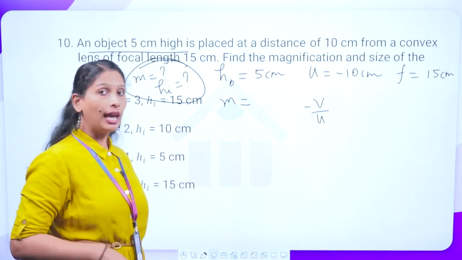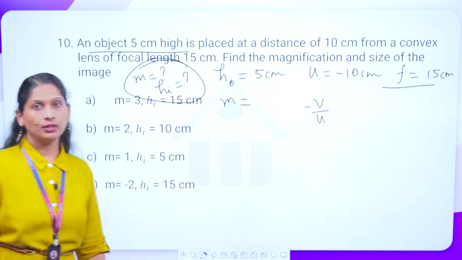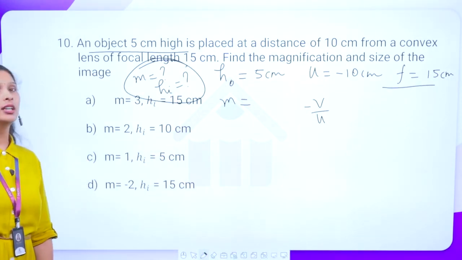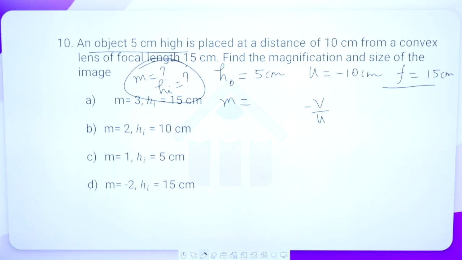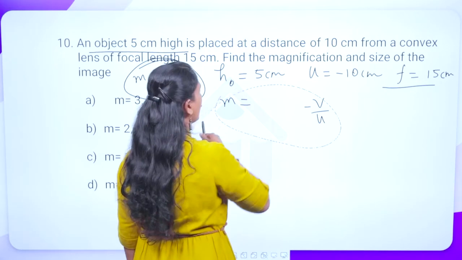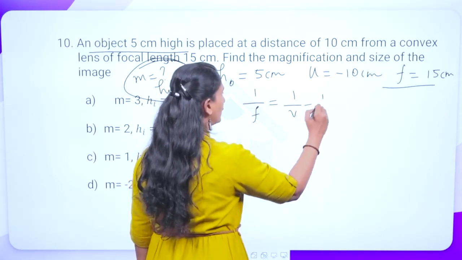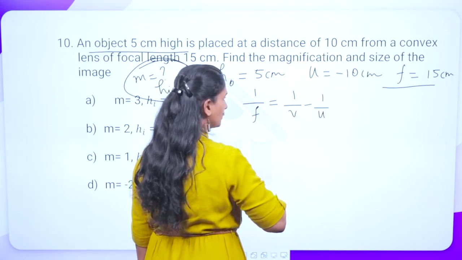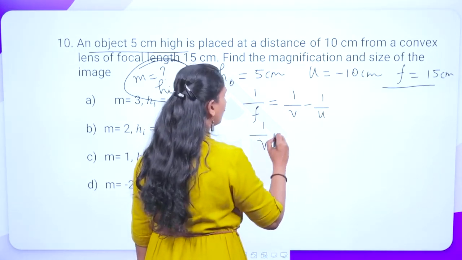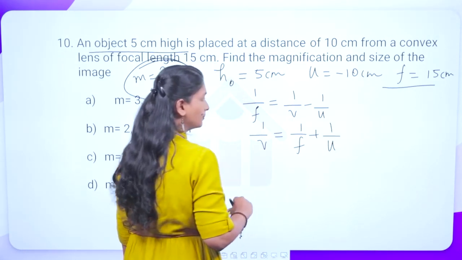And in order to find v, you have a clue like f. So, you have the value of f, value of u, and you want to find v. Clear? And we know that we can make use of the lens formula here. What does it say? It gives you 1 by f is equal to 1 by v minus 1 by u. Or rather 1 by v will be equal to 1 by f plus 1 by u.